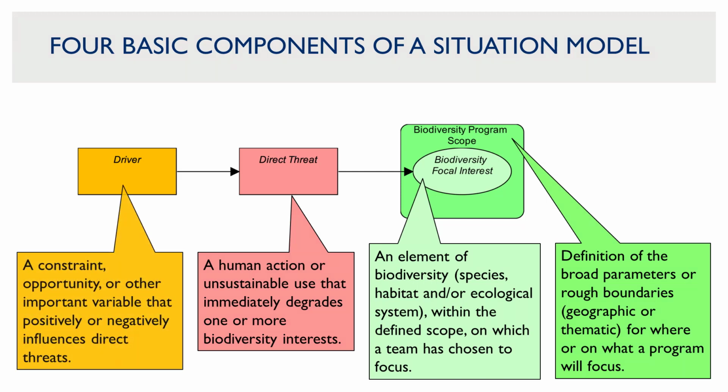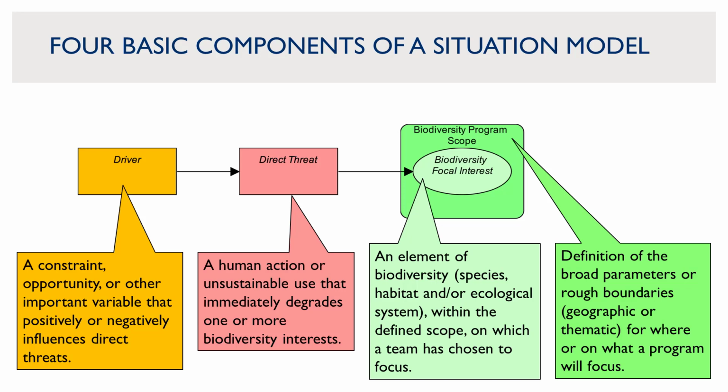The orange box to the left is a driver. A driver is a constraint, opportunity, or other important variable that positively or negatively influences direct threats. Drivers usually include social, political, legal, cultural, and/or economic forces. Some drivers are also commonly referred to as indirect threats.